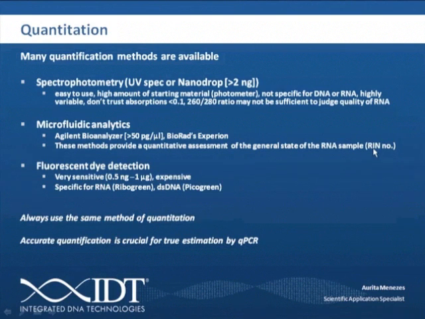That's what they call the RIN number. So you have to do it either with the Agilent Bioanalyzer or the Bio-Rad Experion. But if you don't have those, the A260/280 ratio should be good enough. Yeah, 1.8 and greater. And you also want to make sure you don't have high absorption at A230. Okay, and a question that's just come in: do you have any recommendations when using rapid qPCR?